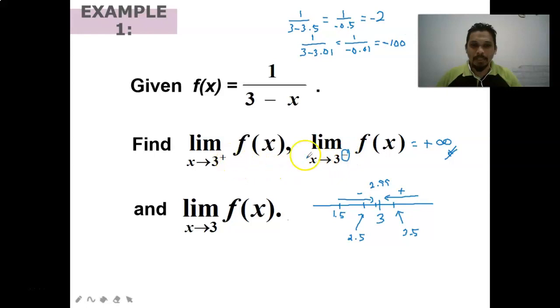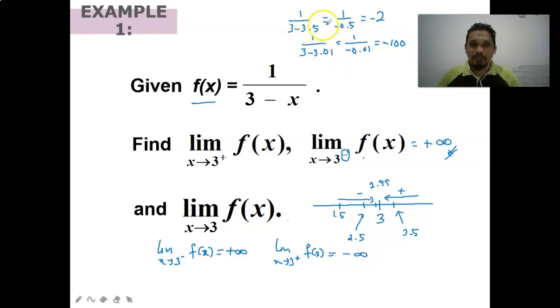So the limit as x approaches 3 from the left of the function f(x), we showed just now, is approaching positive infinity, and the limit as x approaches 3 from the right side of f(x) equals negative infinity.